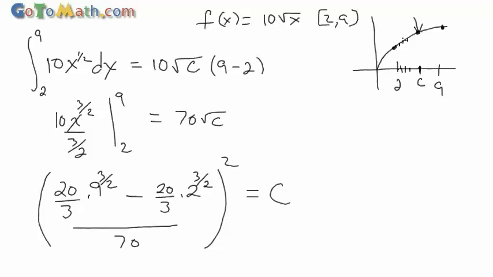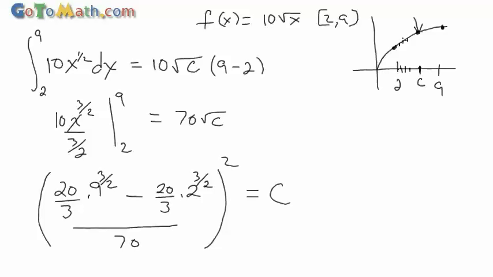We got 9 raised to the 3/2. Sorry, I'm going to have to do this on the calculator if you don't mind. Minus 2 raised to the 3/2. You can get an exact value if you want. Nothing nice.